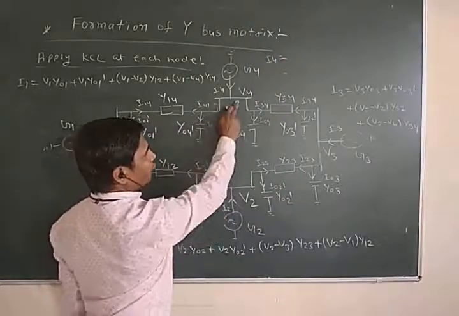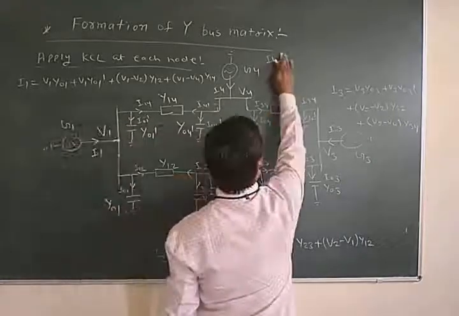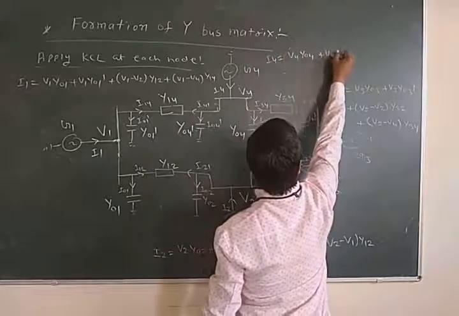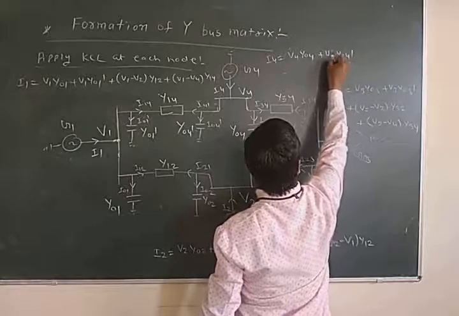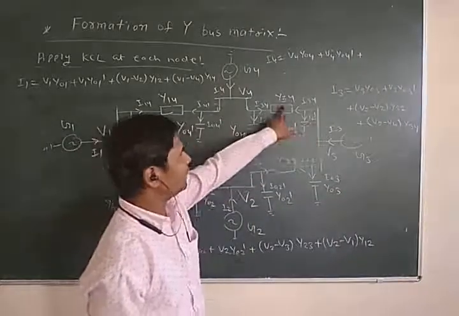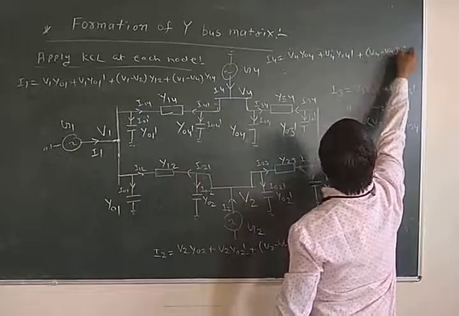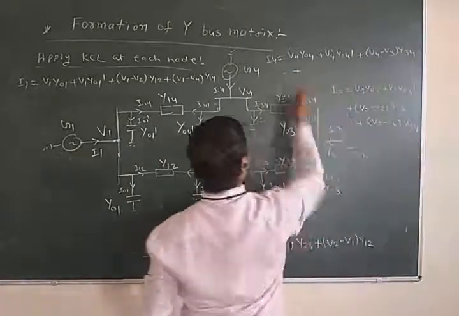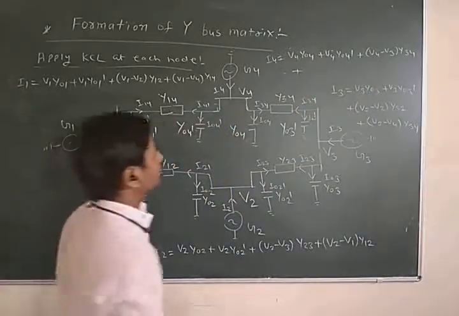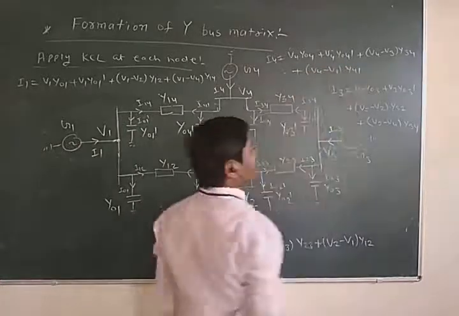So we can write V4 Y04 plus V4 Y04 dash plus V4 minus V3 Y34 plus V4 minus V1 Y41.